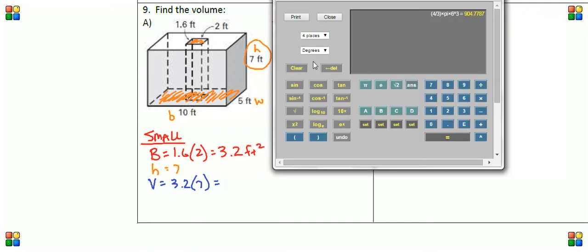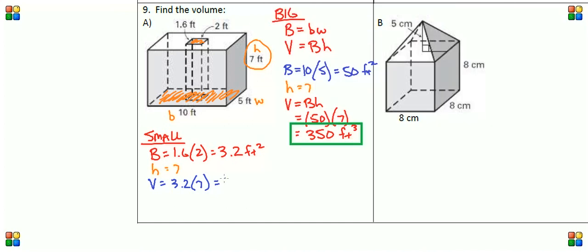So 7 times 3.2 equals, and that's 22.4. Don't have to round it. 22.4 feet cubed. So there is the volume of our smaller prism.